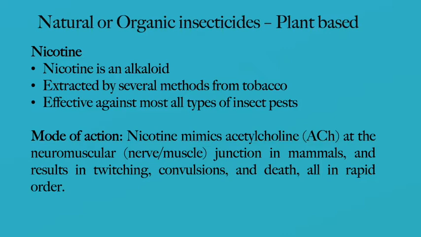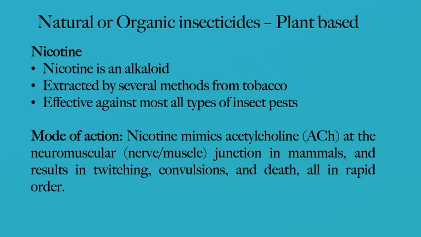Nicotine is extracted by several methods from tobacco and is effective against almost all types of insect pests, but is used particularly for aphids and caterpillars, which are soft bodied insects. Nicotine action is one of the first classic modes of action identified by pharmacologists.